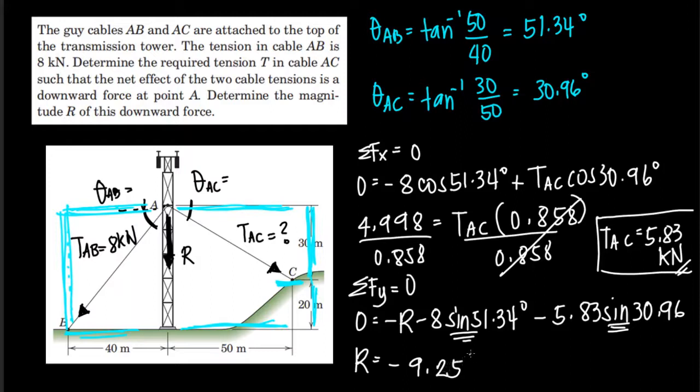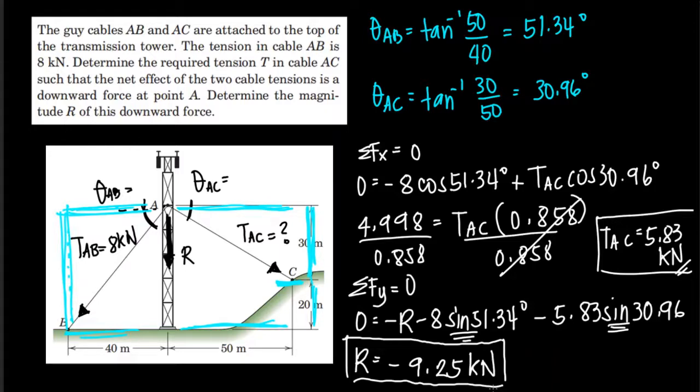I have negative 9.25 kilonewtons. Let me check. 8 sine 51.34, and then 5.83 sine 30.96. Yeah, it's 9.25 kilonewtons for me. It's downward, so it's negative, which is okay. That's it.